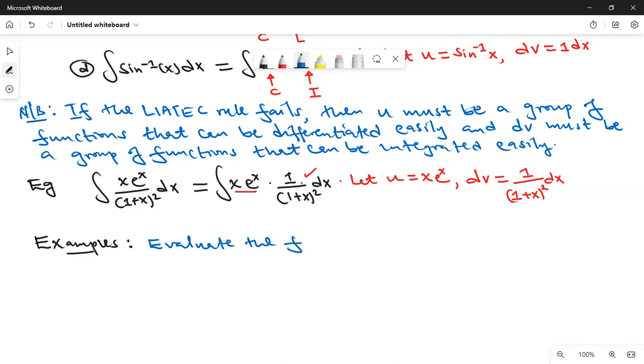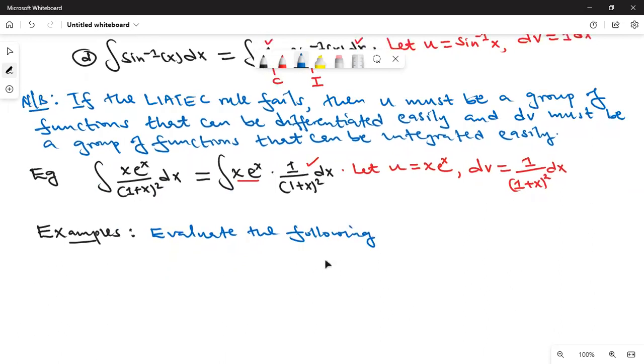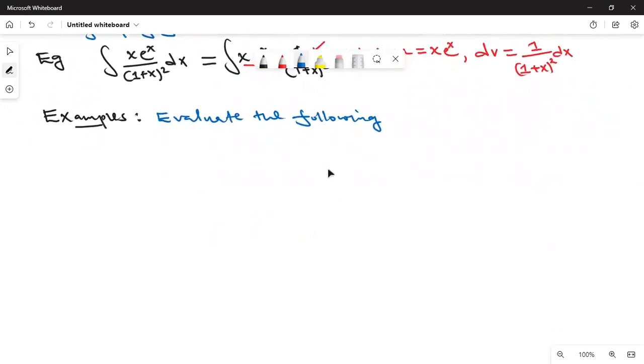The first one, let us call it A, is the integral of x cubed times ln x dx.